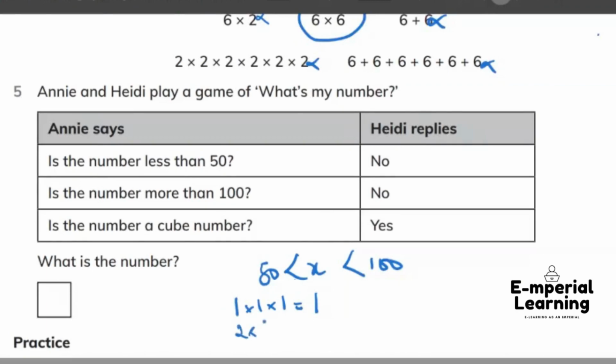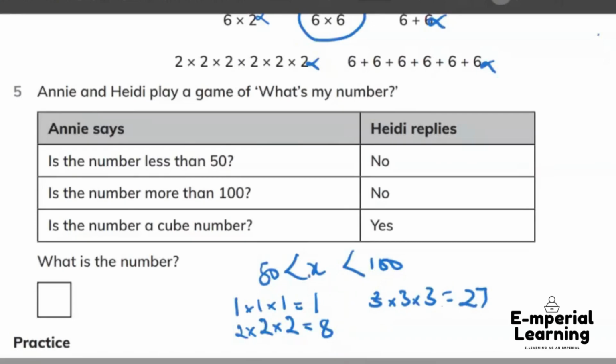Let's go to 2. 2 times 2 times 2. 2 times 2 is 4 times 2 is 8. 8 also does not fall in the range of our answer, so we keep on going forward. 3 times 3 times 3, that is 9 times 3, and that is 27. 27 still does not fall in the range of our answer, so we move on to 4. 4 times 4 times 4, that is 4 times 4 is 16, times 4 is 64.